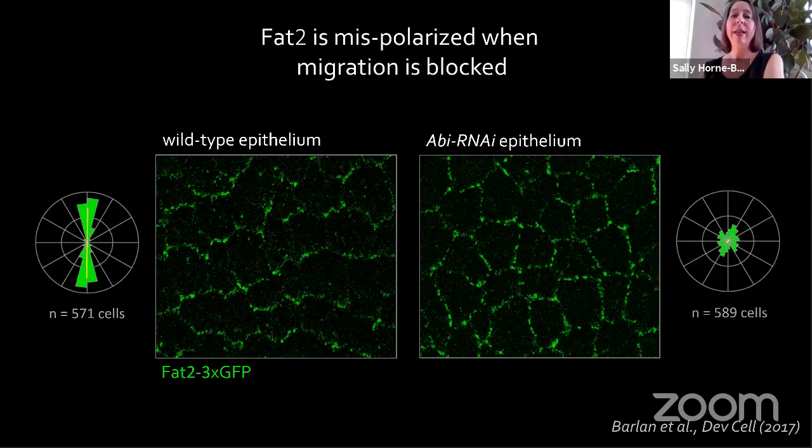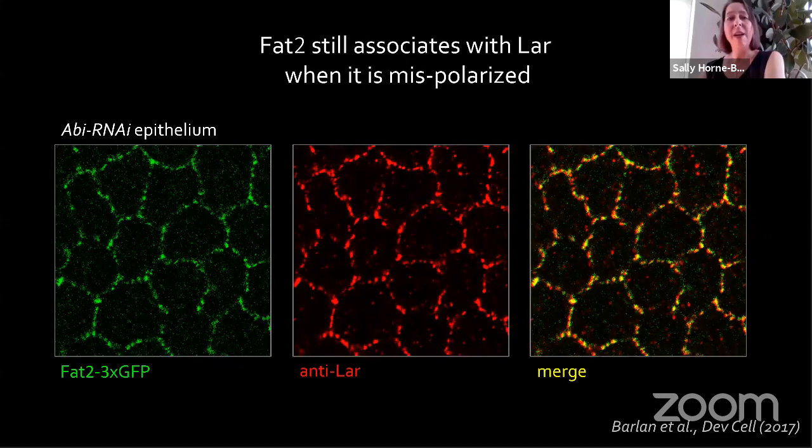Okay, so what I'm showing you now is an epithelium where we've removed the function of the SCAR/WAVE complex in the entire tissue. And you'll notice that you lose that planar polarization of FAT2 across the tissue. Now, in this scenario, FAT2 still organizes into those discrete clusters. The discrete clusters still recruit LAR. The only thing that is defective here is the polarization of those complexes across the tissue.